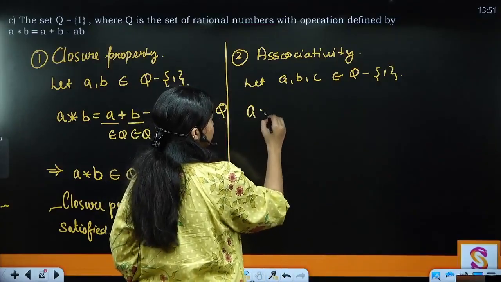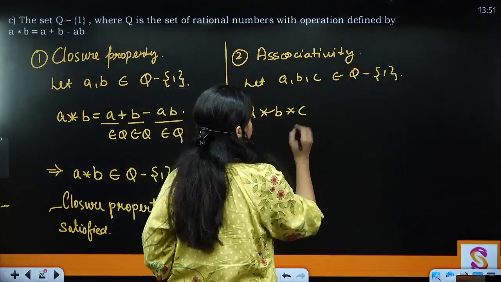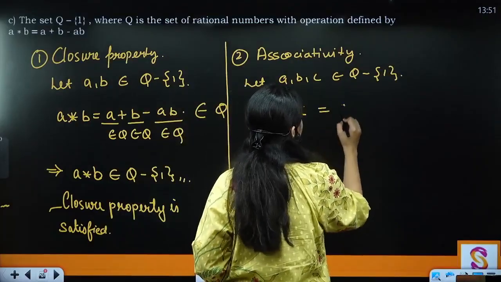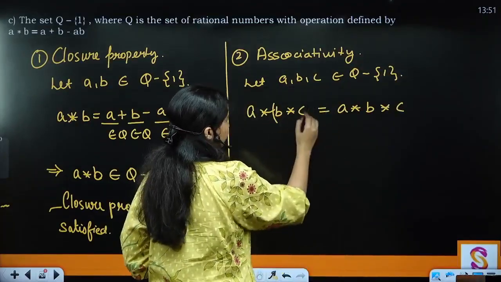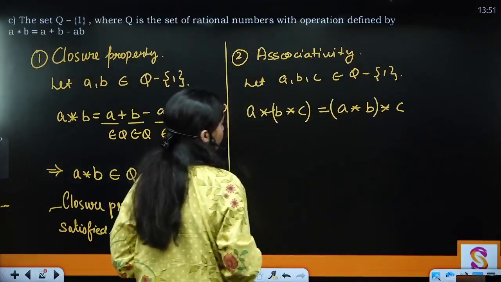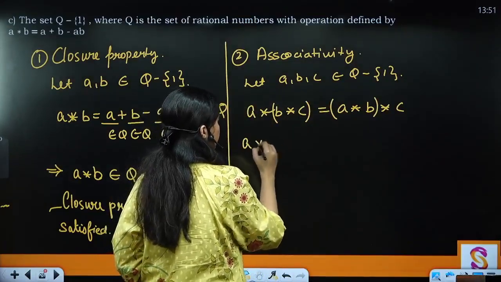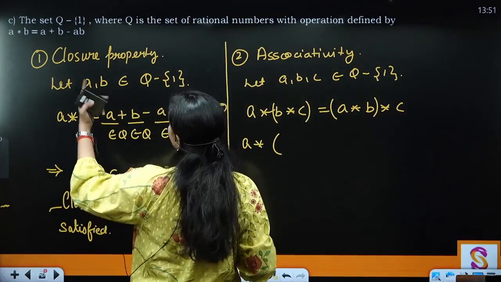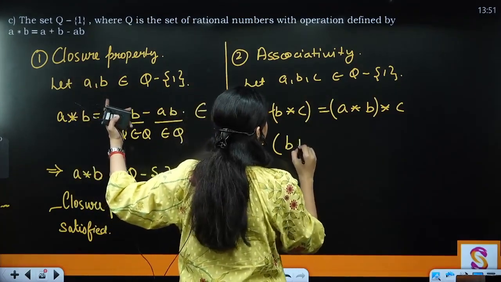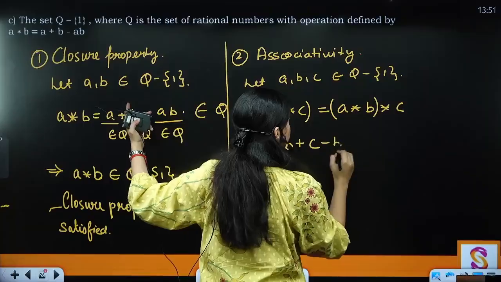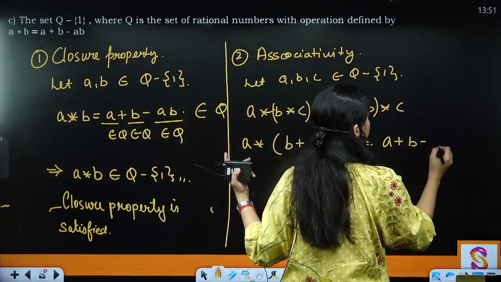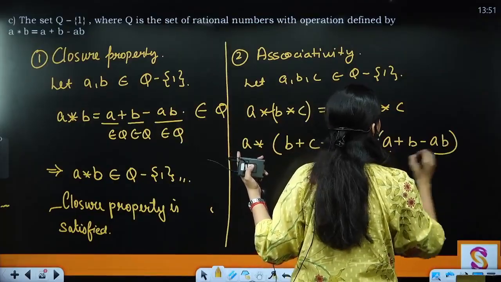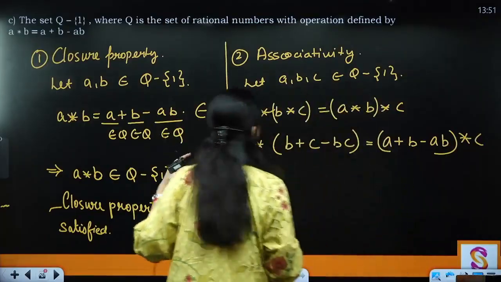Then you have (A star B) star C equals A star (B star C). Now B star C is going to be B plus C minus BC, and then here you will have A operation (B plus C minus BC), right?